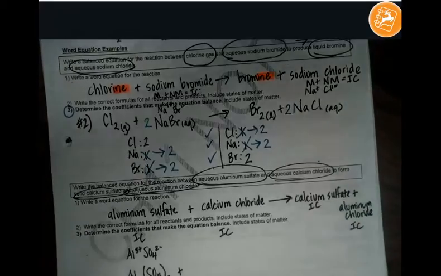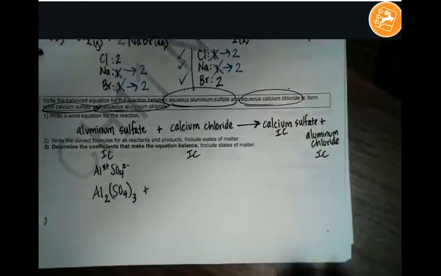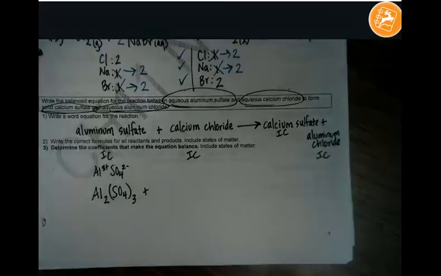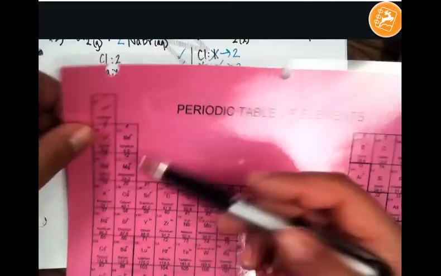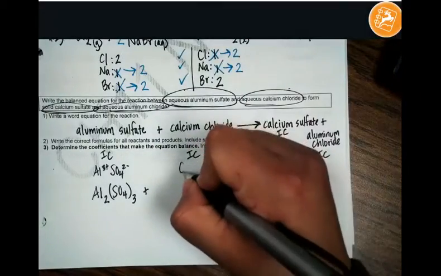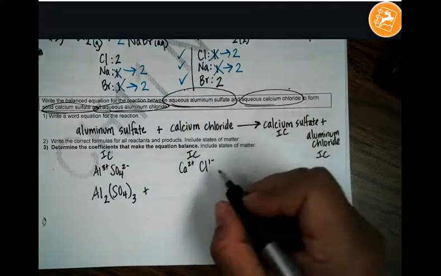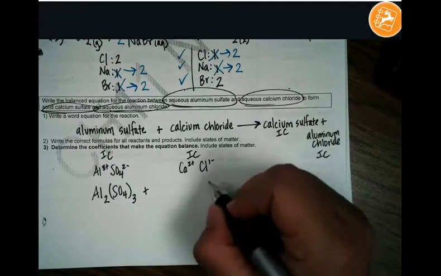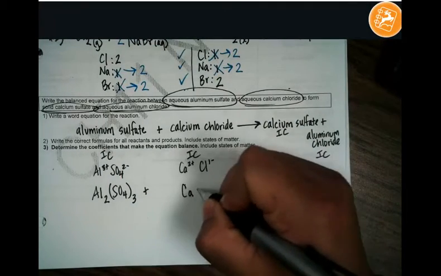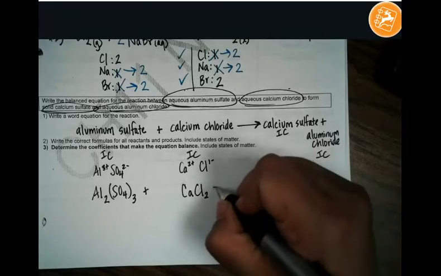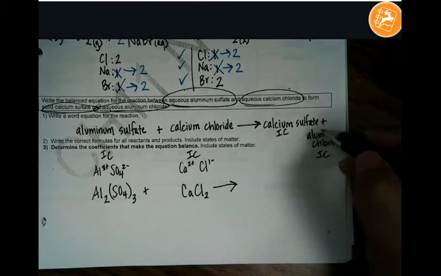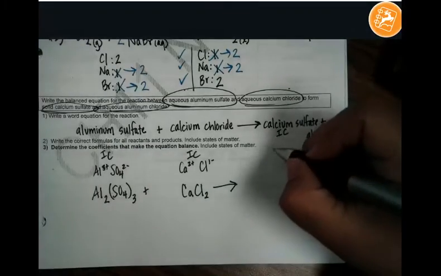Figure out the ions again. So I have, right, calcium, Ca2 plus, chloride, Cl 1 minus, reduce, crisscross, right, nothing can be reduced, so I have CaCl2, arrow, calcium sulfate.